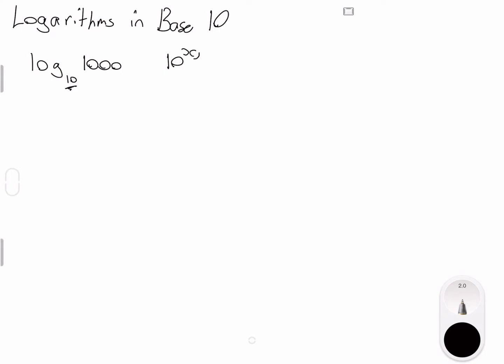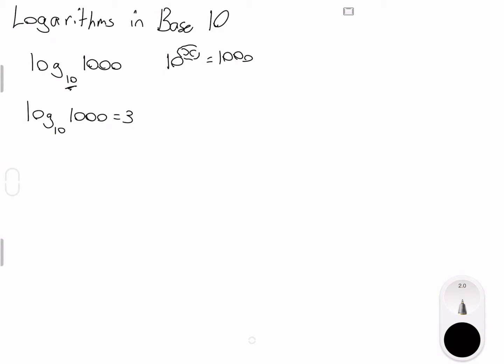What is this value of x here that makes it equal to 1,000? Well, in this case, it's 3. So we could say that the log base 10 of 1,000 is equal to 3.